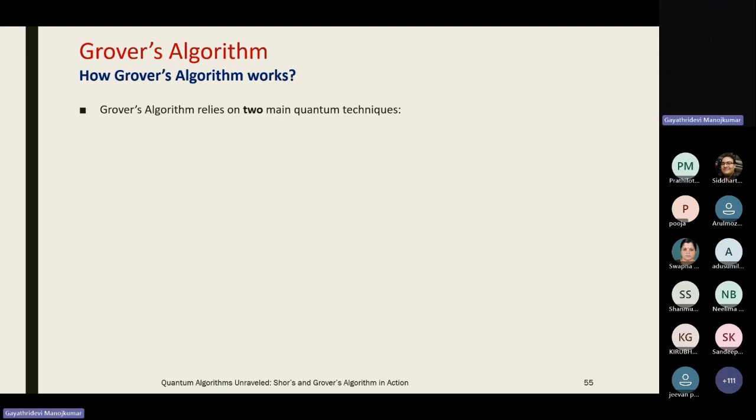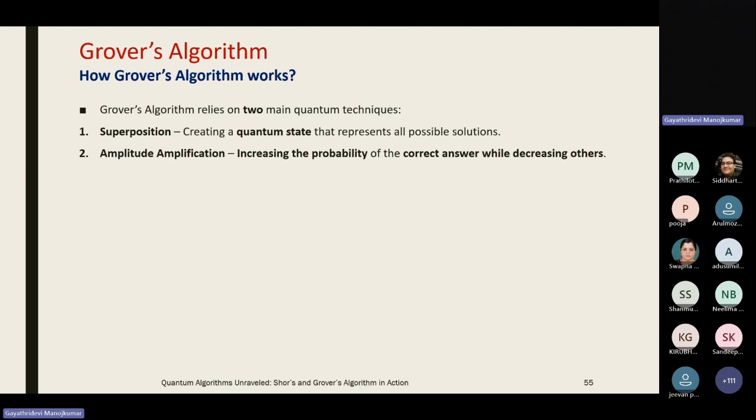Grover's mainly works with two things. One is superposition. The next one is amplitude amplification. We all know what is meant by superposition. That is, we create a quantum state that represents all possible solutions. The next one is amplitude amplification.